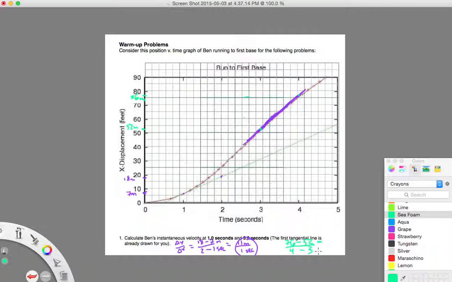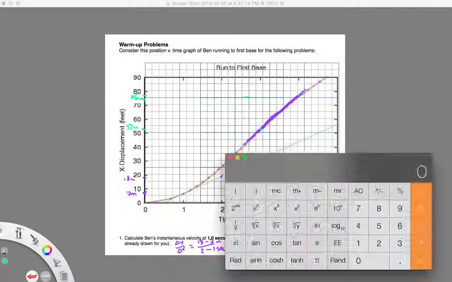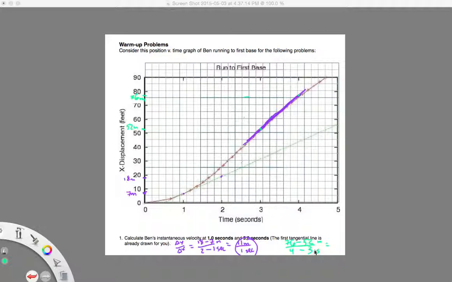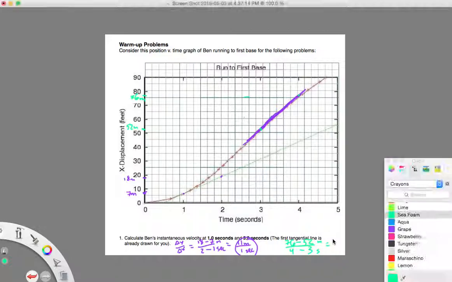So this is meters and this is seconds. 76 minus 52 is 24. This is 24 meters per 1 second.